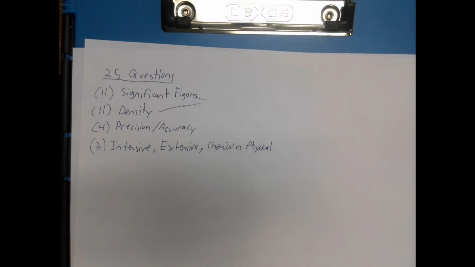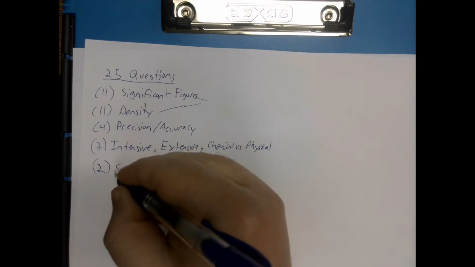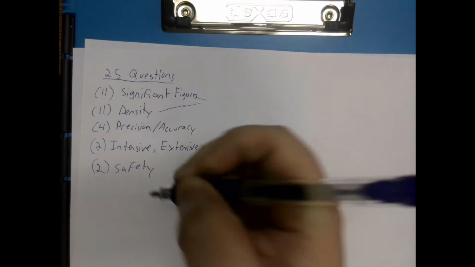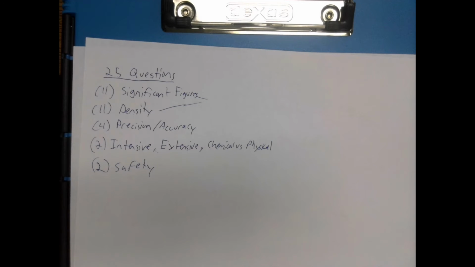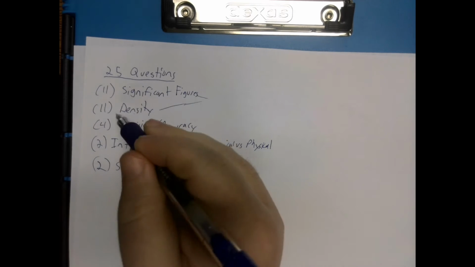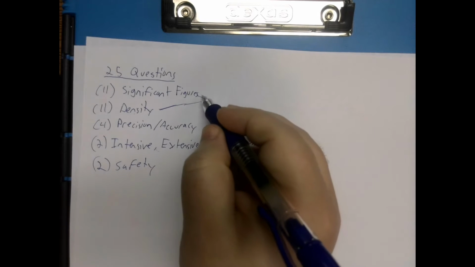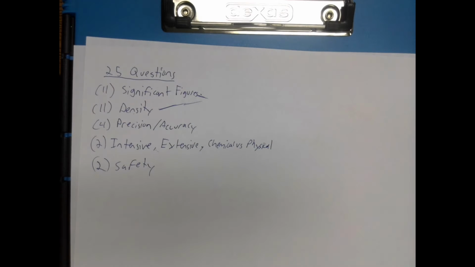And we have 2 questions that deal with safety. So yes, if you are observant, this does not add up to 25. It's over 25. That's because some questions deal with both density and significant figures.